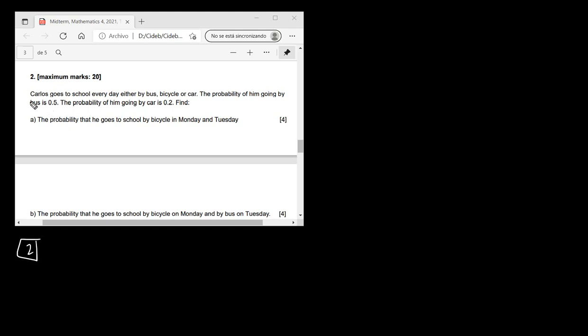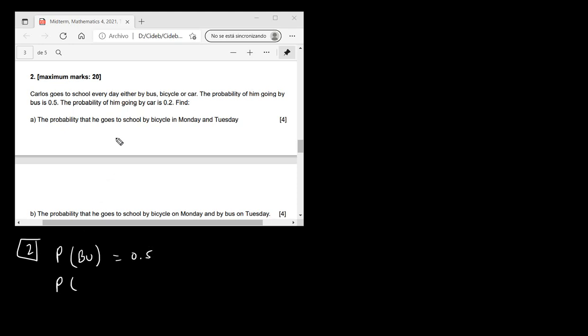So you have a person going to school every day, either by bus, bicycle, or car, and the probability of him going by bus is 0.5. I'm going to signify that in this way. I'm going to write BU for bus. The probability of going by bus on a given day is 0.5.